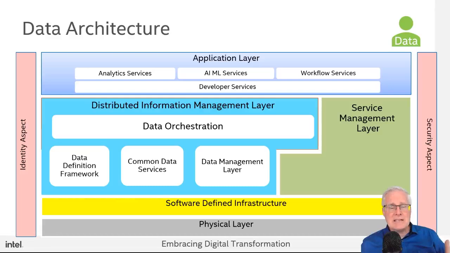Now, abstracting the data away from the storage is one of the key aspects here, so that I can now orchestrate data across this vast infrastructure that I have and not really worry about where the data is actually residing in the moment, but only tying that data to applications and or services that I need to do data analytics or AI/ML type work, or maybe it's just an application needs it to get its work done.